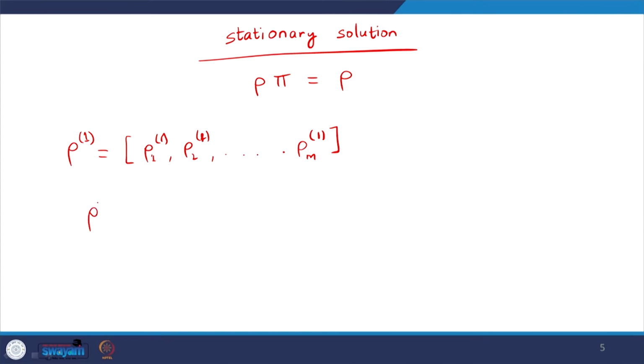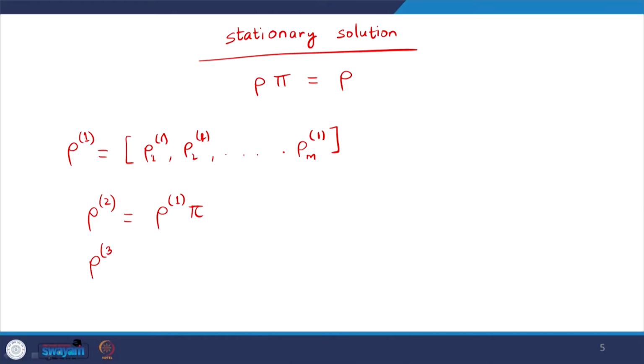So, what will happen after one step? After one step, the new distribution will be rho 1 multiplied with my transition probability pi, because pi is telling me the probability of going from state m to state n. If I multiply the probability density vector with the transition probability matrix, what I will get is the new probability density vector.